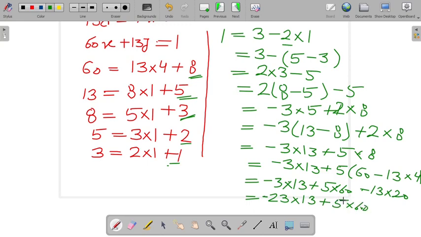So here you can see 60x plus 13y. Here this value becomes phi n, and this one was e. So here d will be this.